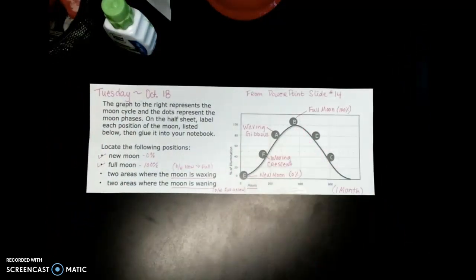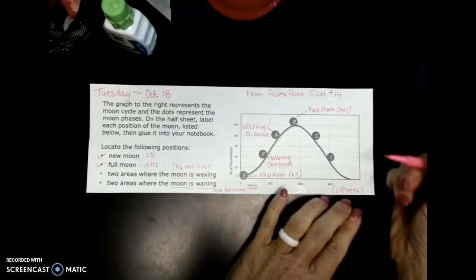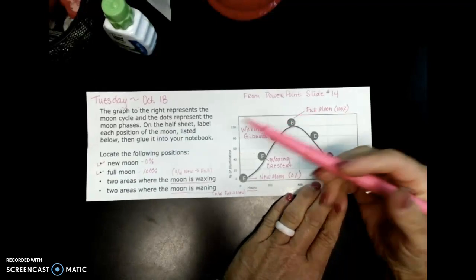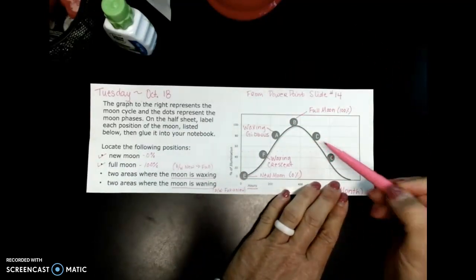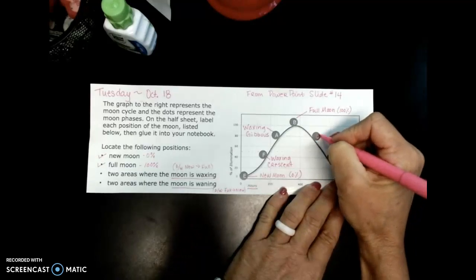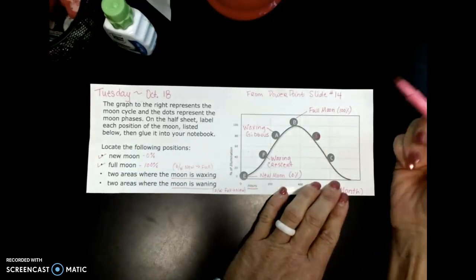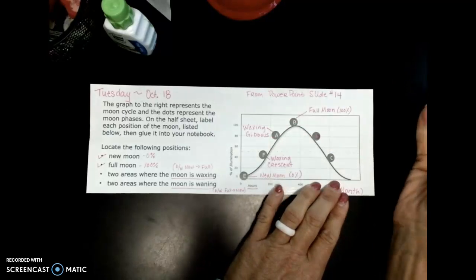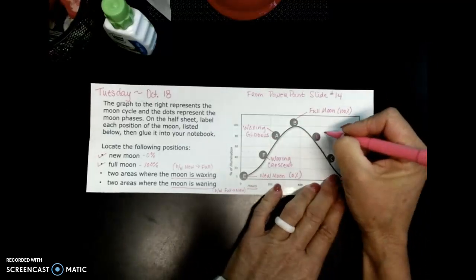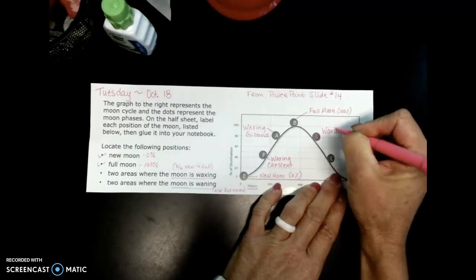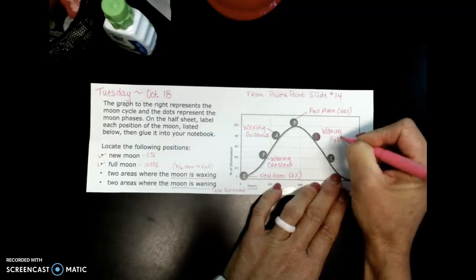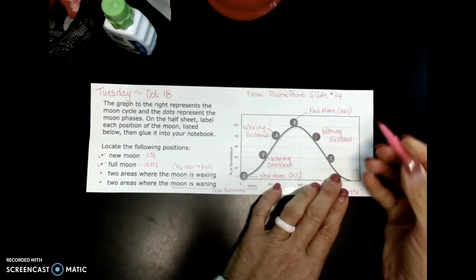We go to full moon, and then now we are starting to have a decrease in the amount of light. So our waning moons would be over here. Well, letter D, there we go, fill that in. It is above the 50% mark, so we know that this one represents the waning gibbous.